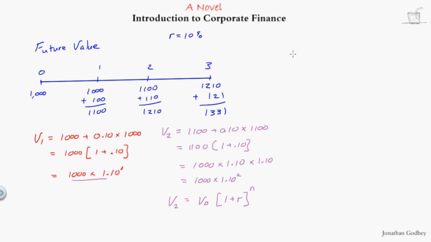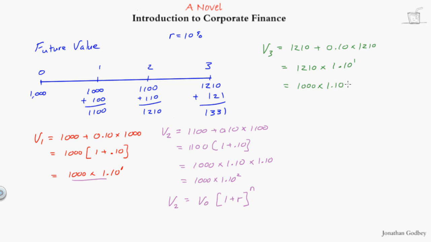So that's what my formula looks like. Now let's do it again with the value in year 3. The value in year 3 is the $1,210 I had at the end of year 2 plus 10% of that $1,210, which is the same thing as saying $1,210 times 1.10, which is the same thing as saying $1,000 times 1.1 cubed.